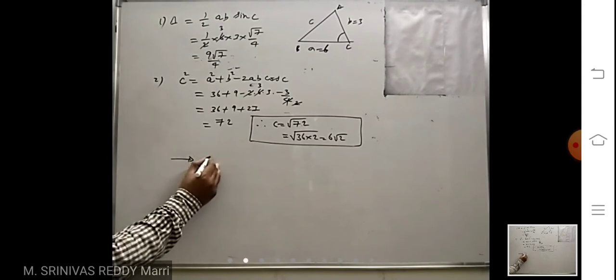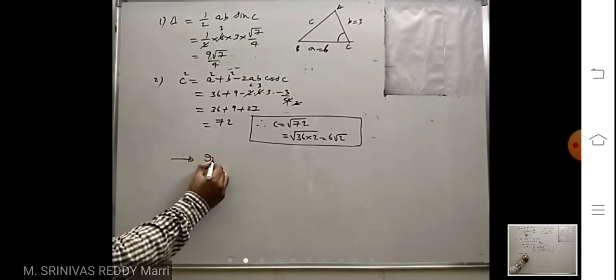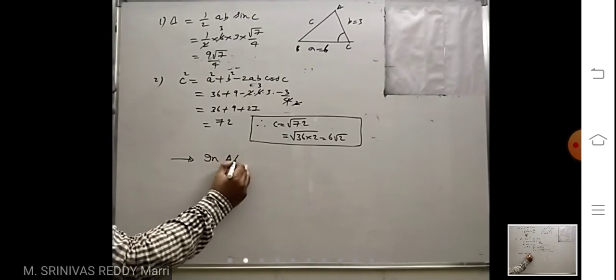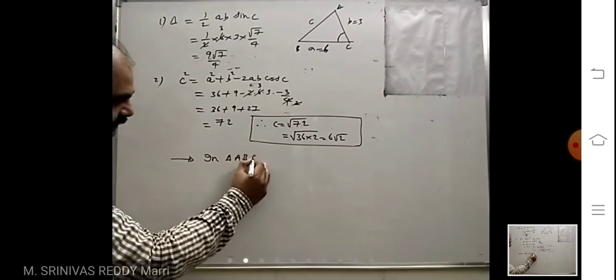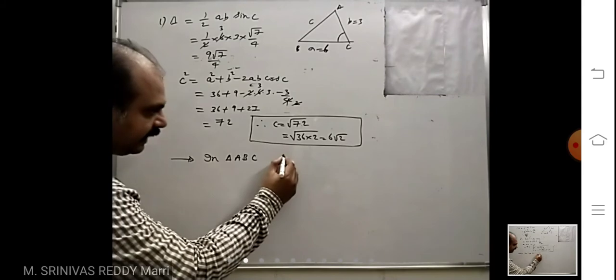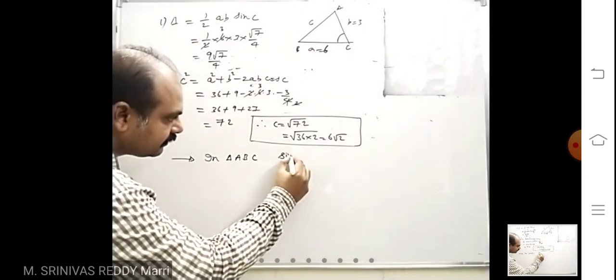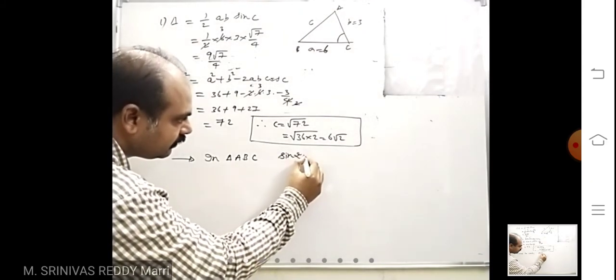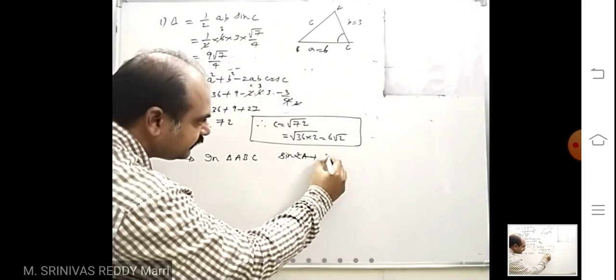One identity is there. Look at. Whenever this formula will come in triangle ABC, this identity will come a number of times.